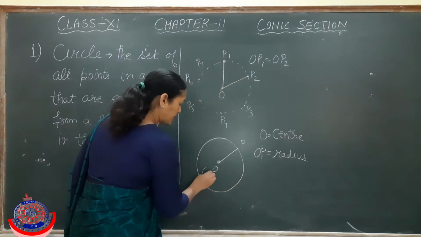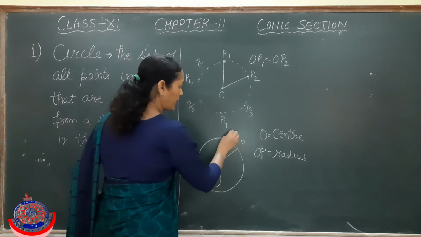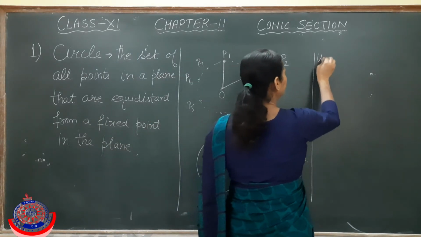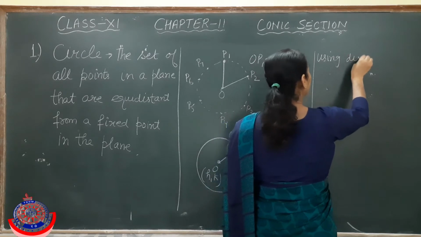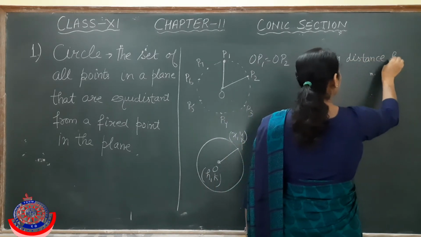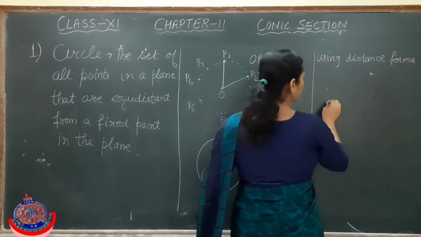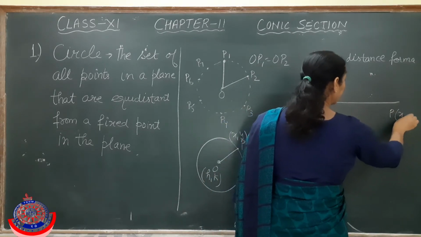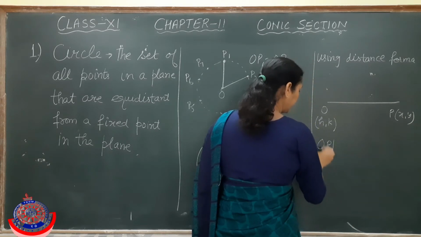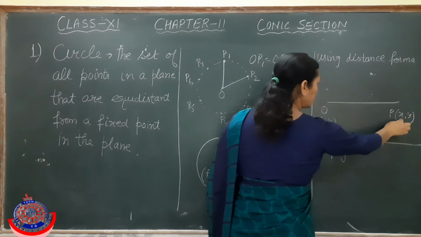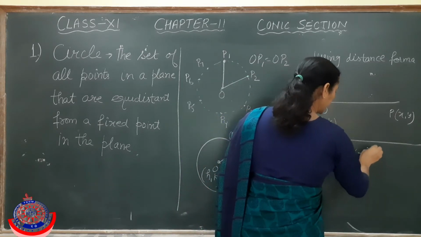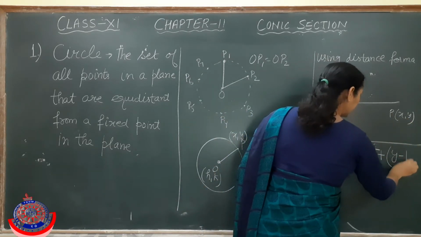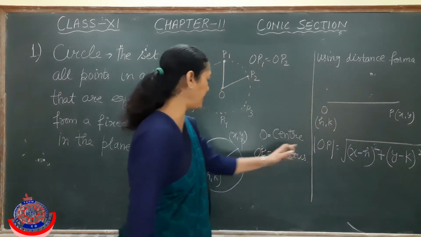If we take coordinates of center as (h, k) and coordinates of P as (x, y), then using distance formula, distance between O and P can be obtained as square root of (x2 minus x1) whole square plus (y2 minus y1) whole square, and this distance OP is radius.